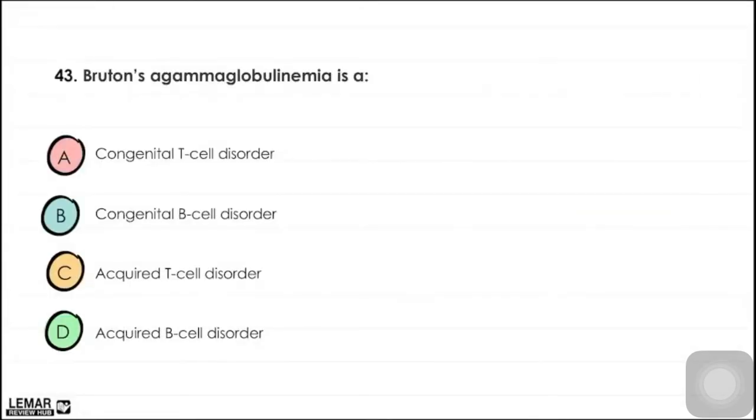Number 43, Bruton's agammaglobulinemia, as discussed, is an example of an X-linked congenital B cell disorder. So the answer is letter B, congenital B cell disorder.